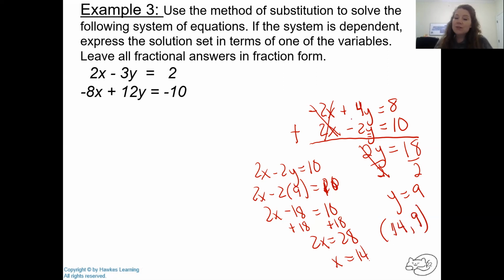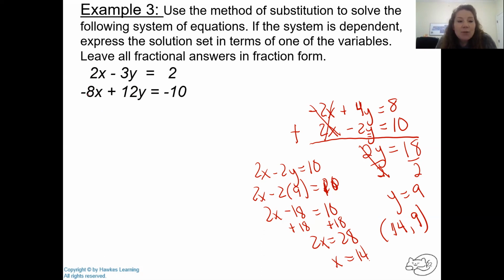But I would definitely use elimination because my x's naturally cancel each other out, right? All right, so now even though this isn't the same number, see how I had the same number but opposite signs? So my x's are not the same numbers, but they are opposite signs.